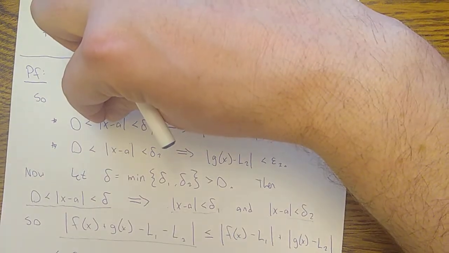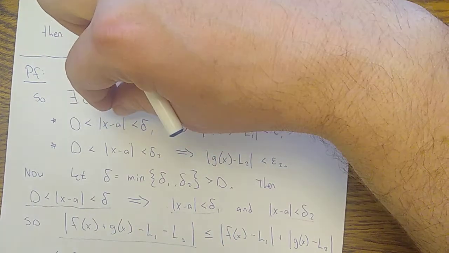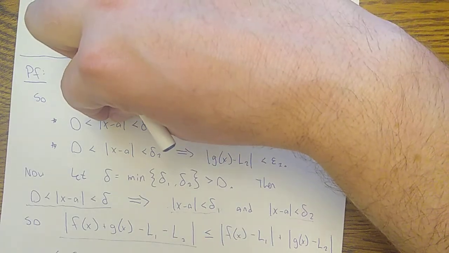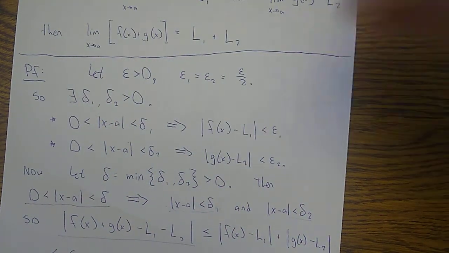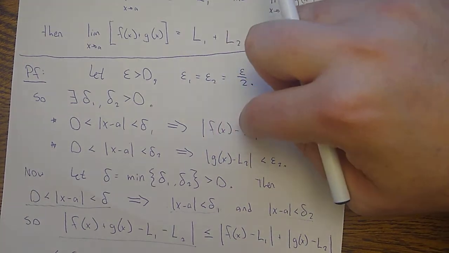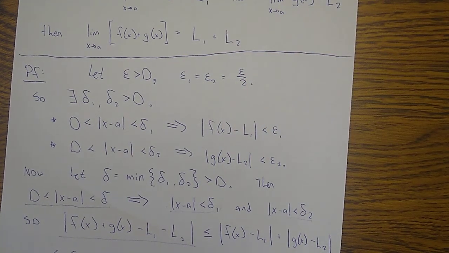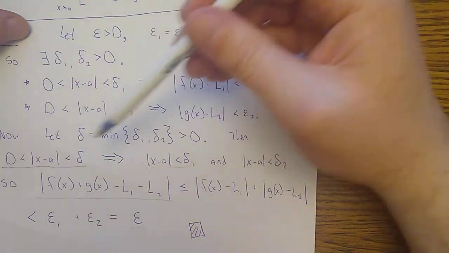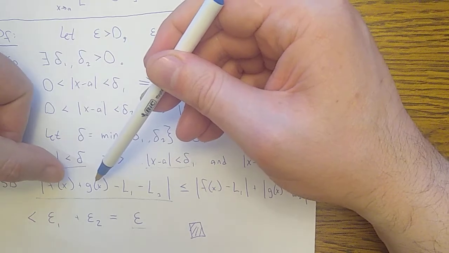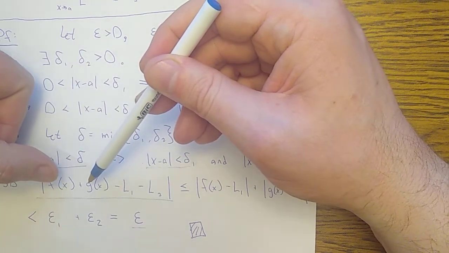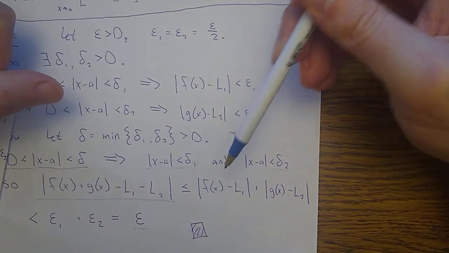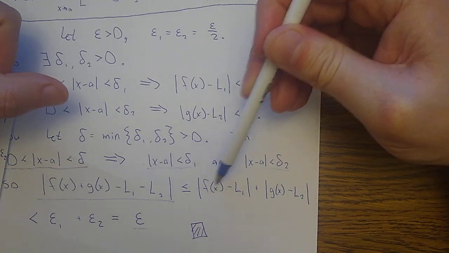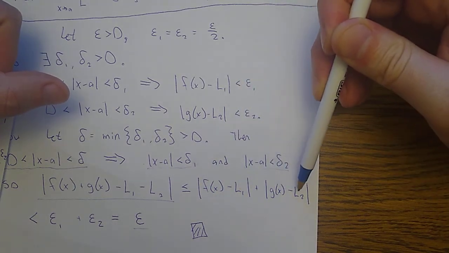Like this is saying that the distance between x and a is less than delta 1. And this is saying that the distance between f of x and L1 is less than epsilon 1. And in the end, if you look at the last line of the proof, we basically showed that this difference, meaning the distance between the sum of the functions and the sum of the limits, we expressed it in terms of how close f of x is to its limit and how close g of x is to its limit.